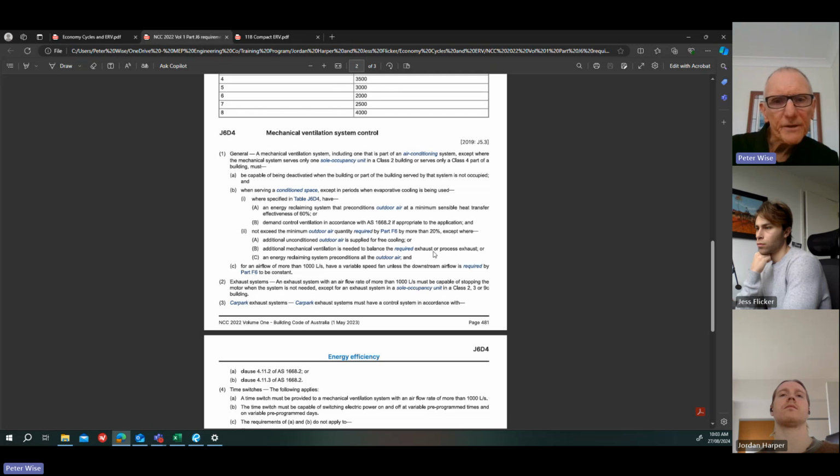So this is getting back to the balance again. If you need additional outside air to make up for toilet exhausts and whatever other spaces you have that have to have exhaust, it's got to come from somewhere. And if you need that additional makeup, it's probably going to come from outside air if you haven't got adjacent spaces that you can get it from.